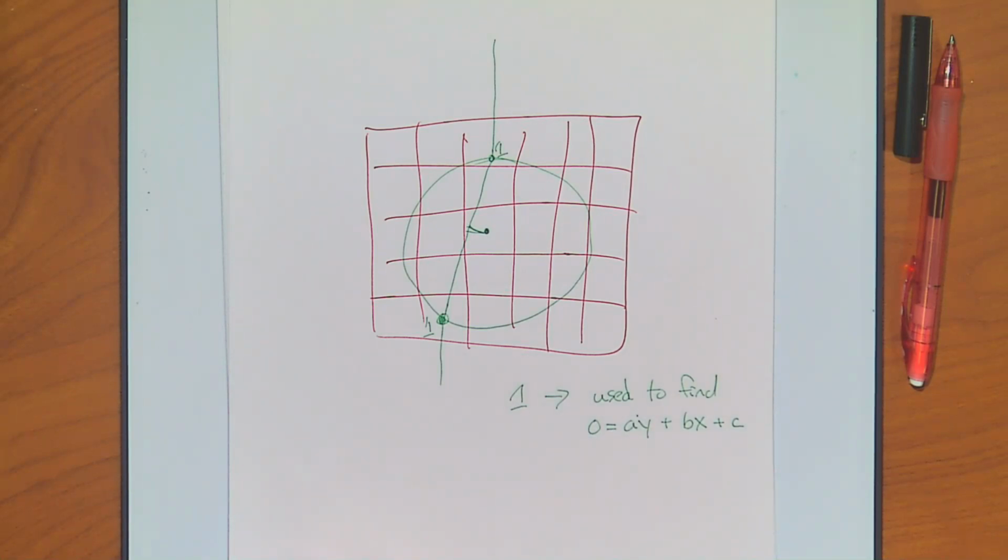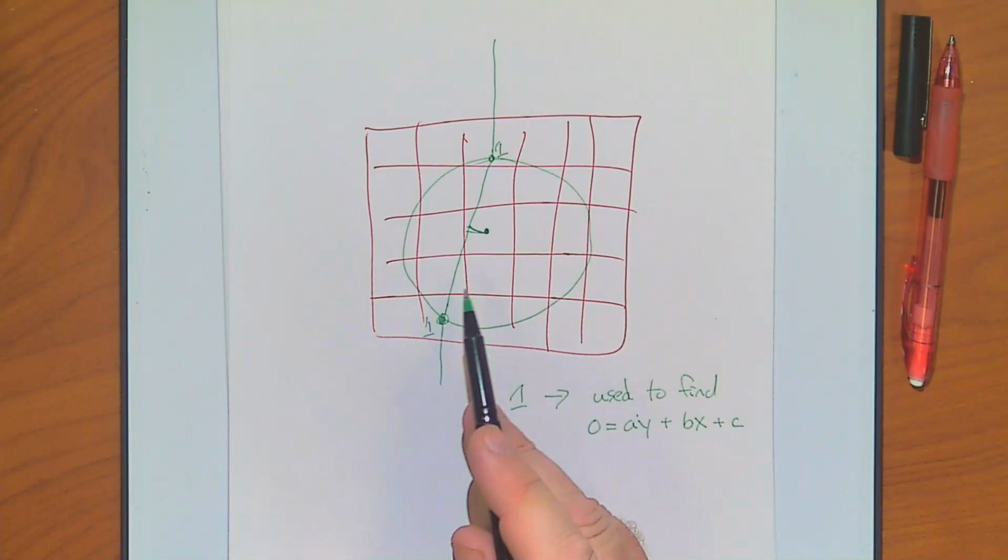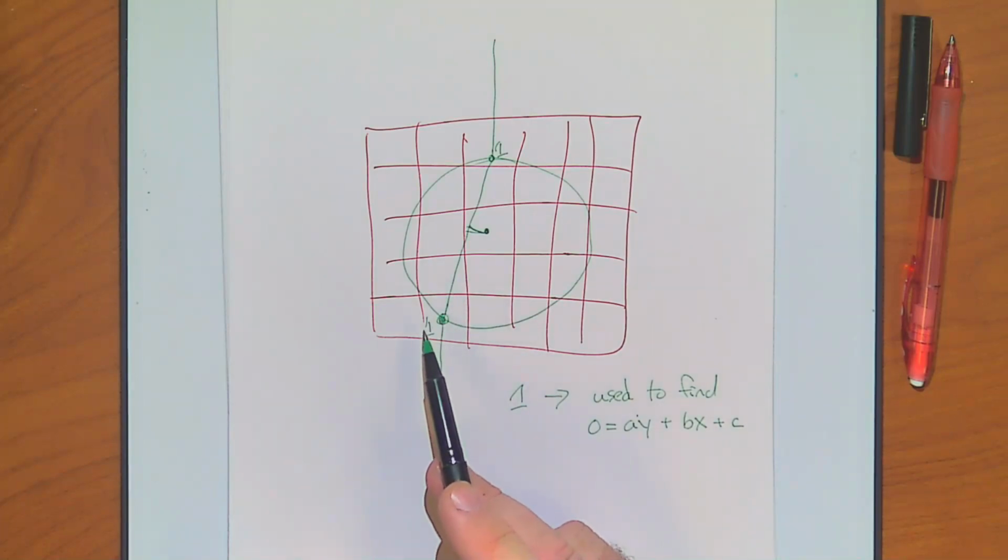Because we know that A over B is your slope of the line. So that slope of the line is related to your angle.